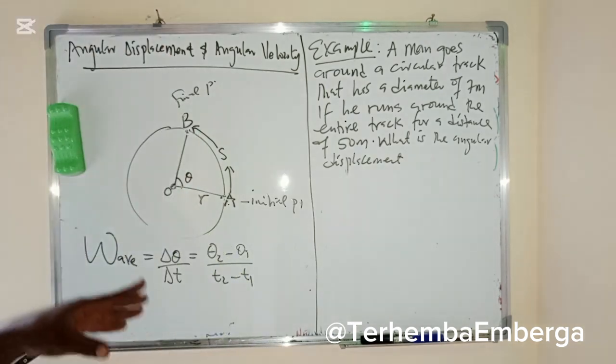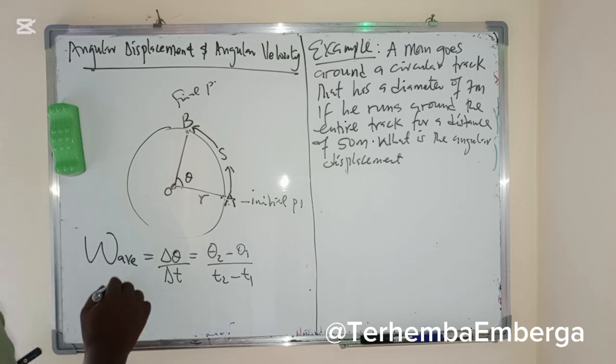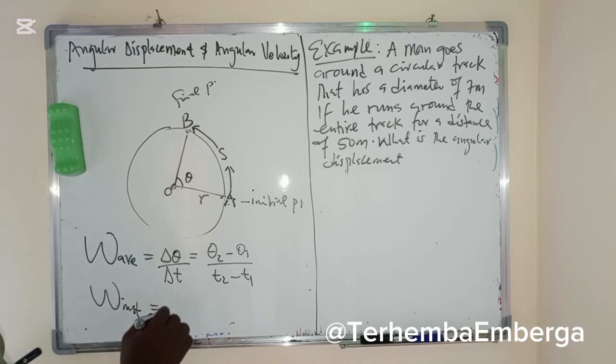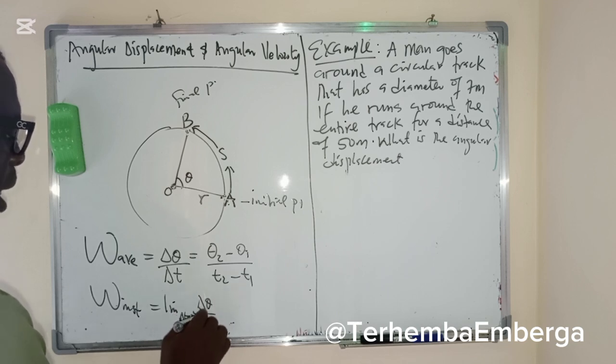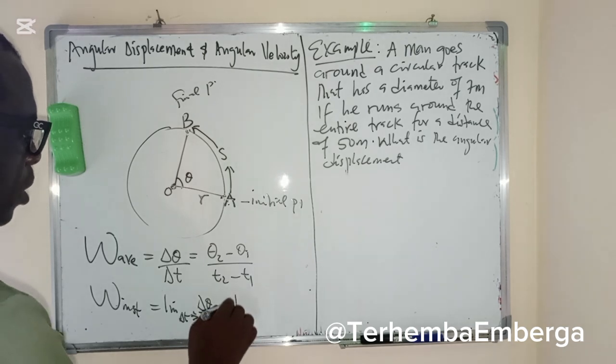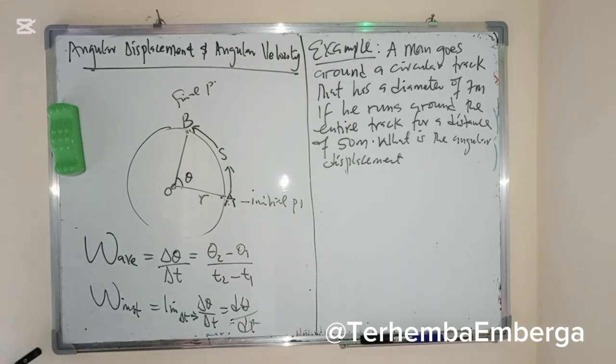Now, for the limits, we talk about instantaneous angular velocity as the limit as delta t tends to 0 of change in theta over change in t, which becomes d theta by dt.